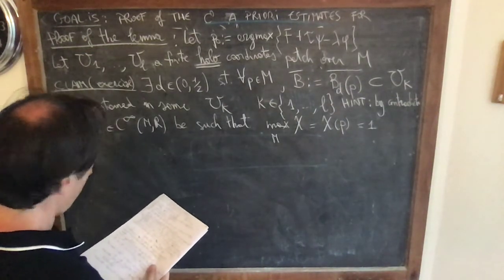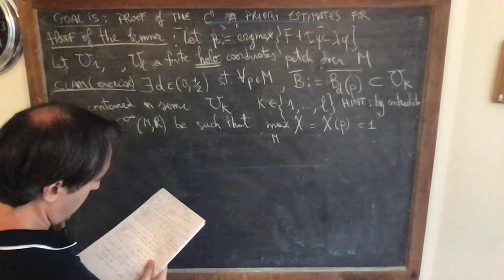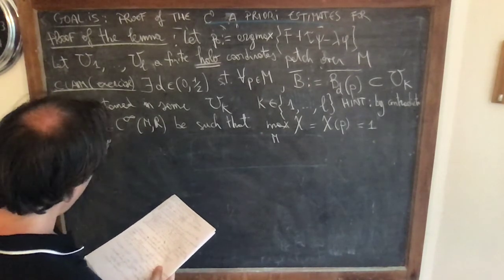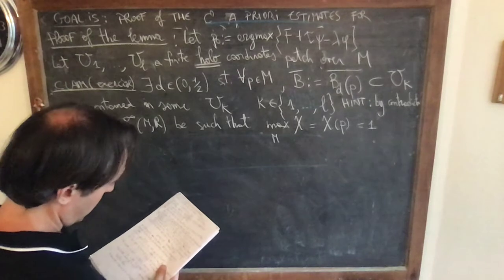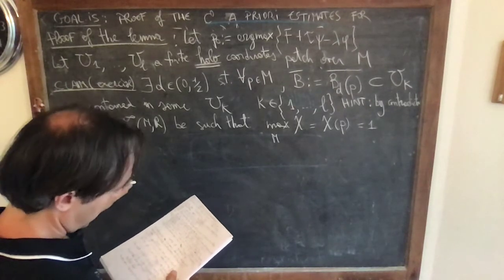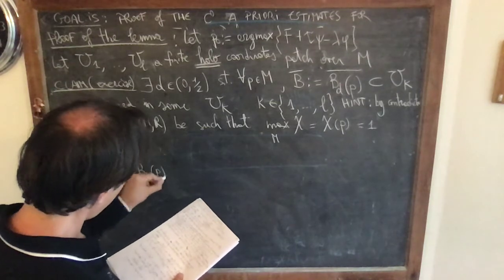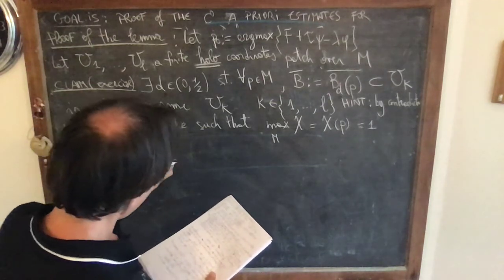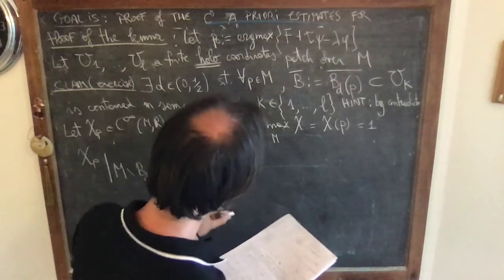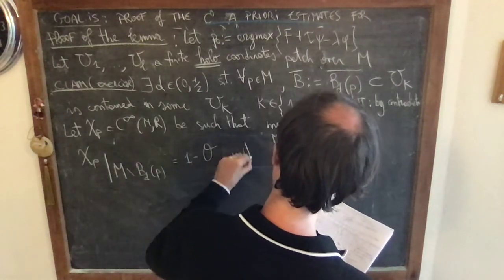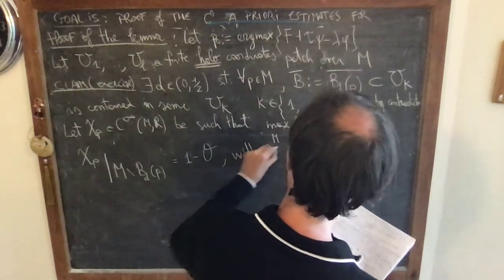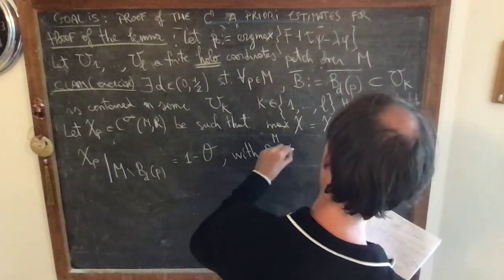Then psi_P restricted to the manifold minus the ball B_d of P is 1 minus theta, theta to be determined.